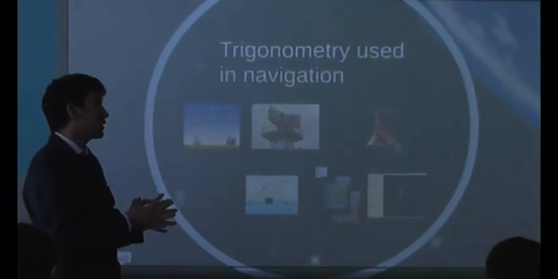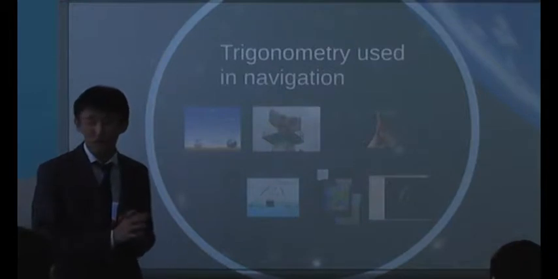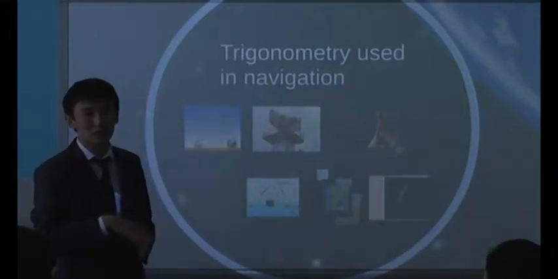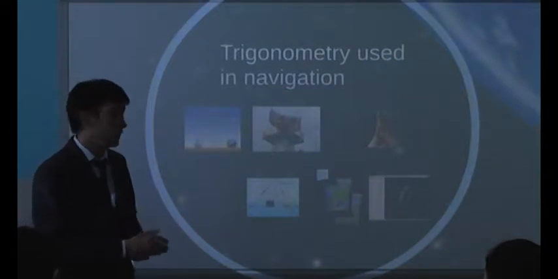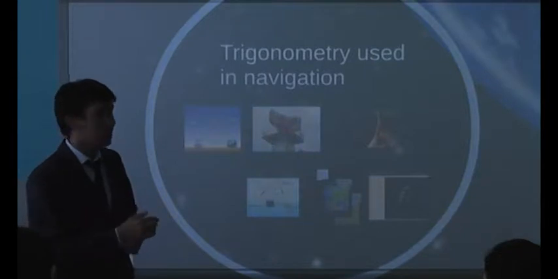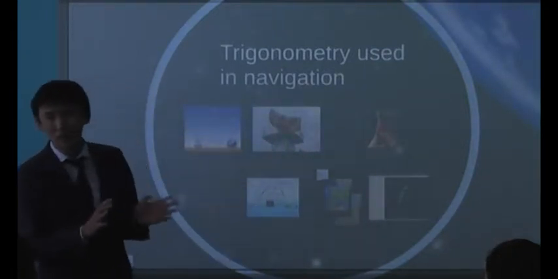Okay, now also trigonometry, we said, is used in navigation systems. Nowadays humans have developed navigation systems like GPS. You know, GPS systems. We use that in our mobile phones. They're used in airplanes, in a lot of areas.